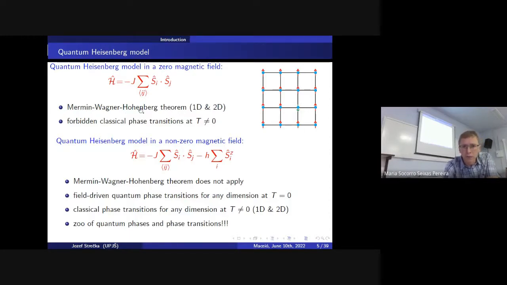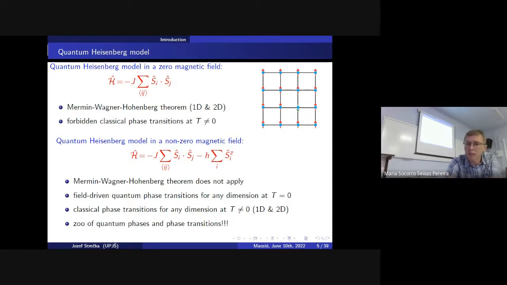So what we know rigorously about that: the Mermin-Wagner theorem says that this kind of model cannot have a classical, so finite temperature, phase transition for any one-dimensional or two-dimensional lattices.